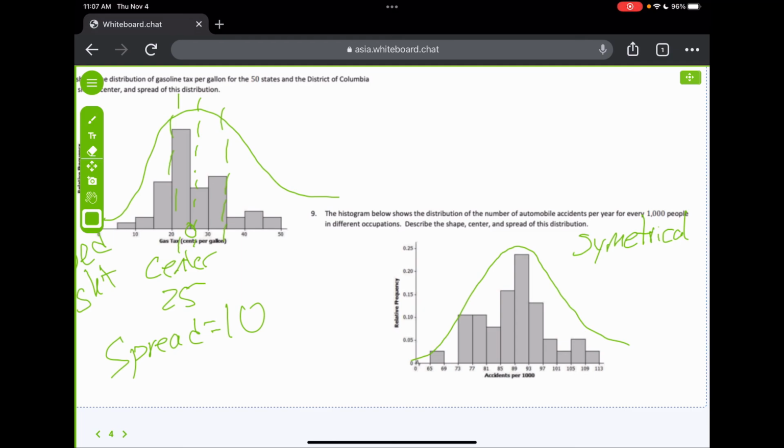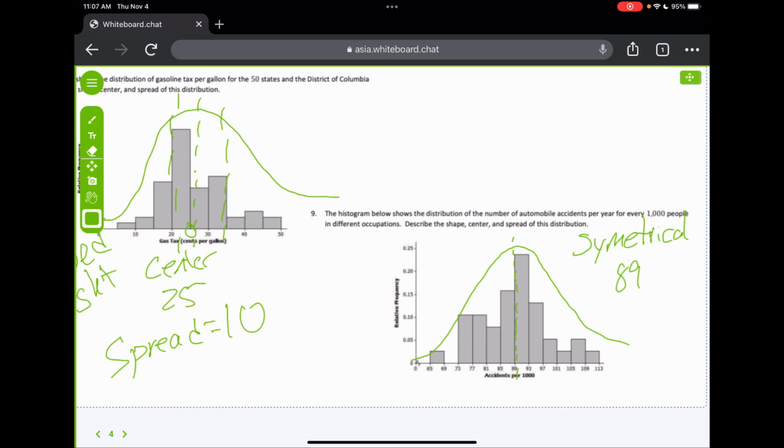So whenever it's symmetrical, you can look at the mean to be almost directly down the middle. So we're going to call it 89. And remember, the standard deviation or the spread is going to be how far away until you have your biggest drop off.